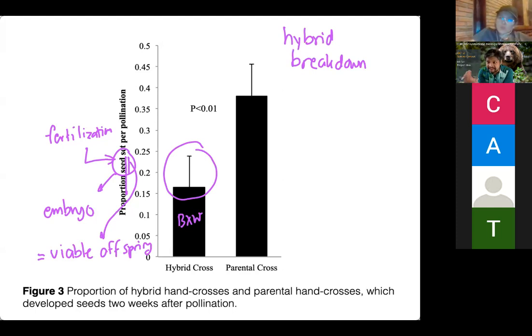And you use that seed to germinate again, and that plant will become infertile. So that would be hybrid infertility. This is a case of hybrid breakdown. It doesn't even form a seed. So you can see here in the hybrid, only 15% produce seed, as opposed to the parental cross, where more than 40% produce seed.